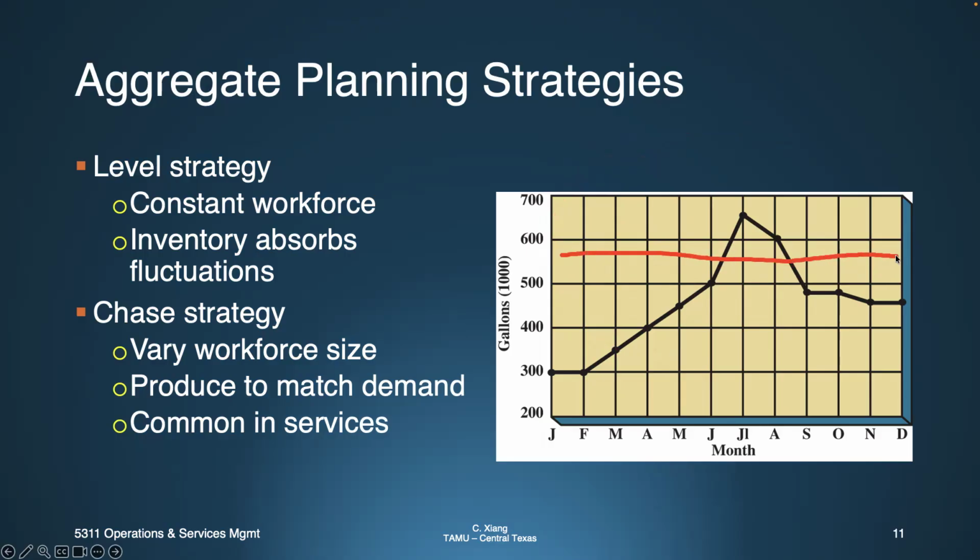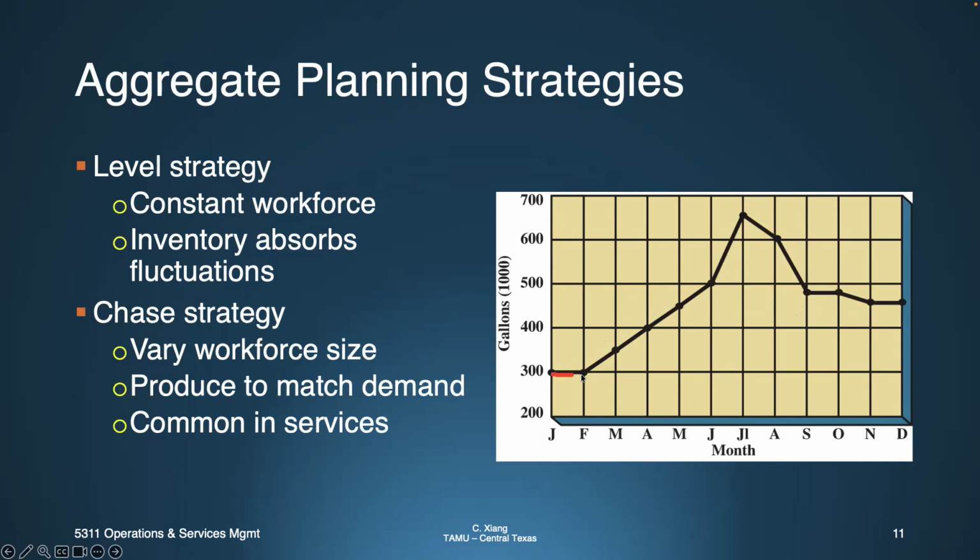You just prepare a very stable workforce with a very constant production rate to match such a flat demand. Not a big deal. But in reality, demand usually fluctuates, and seasonality is also very common.